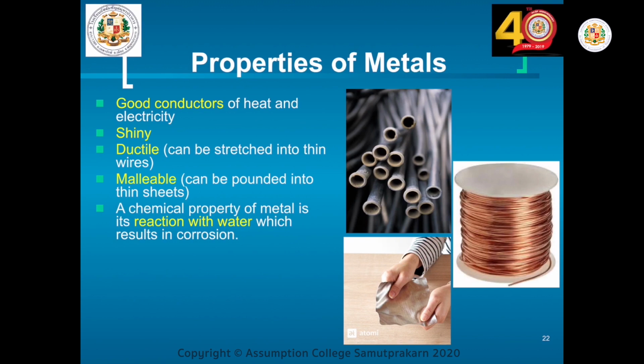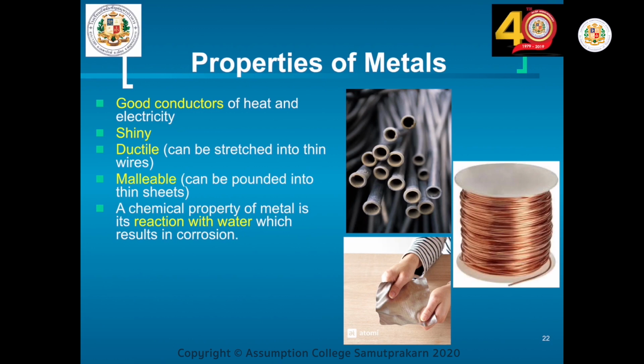We also have the thin sheets that you stick onto the Buddha, that's made of gold, right? Coins are very thin, but they don't break. Okay, so metals can be pounded into thin sheets without breaking.